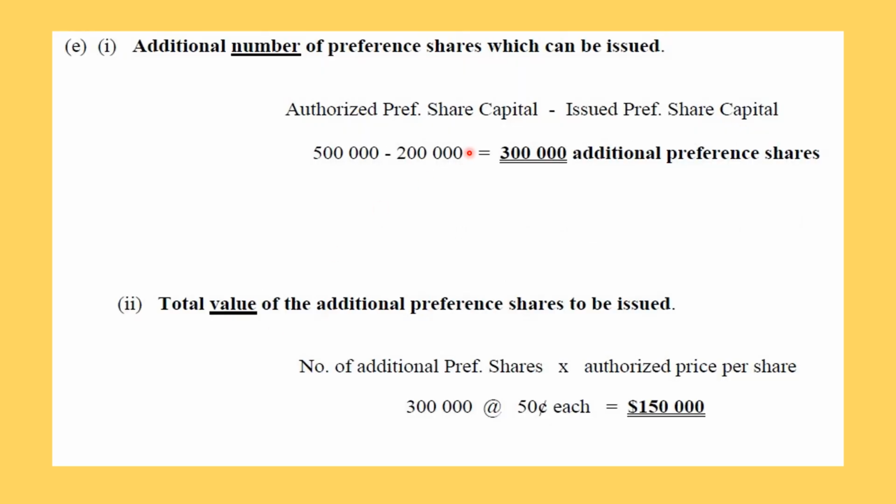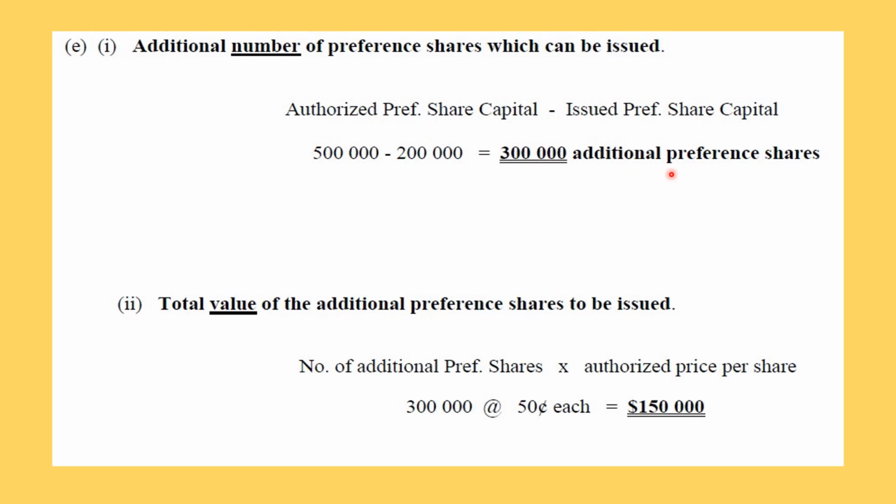Okay, so the additional number of shares which can be issued, we take the authorized share capital and we minus what we have issued already from the authorized share capital, and that will be 500,000 minus 200,000 issued already, so we can issue an additional 300,000 preference shares.